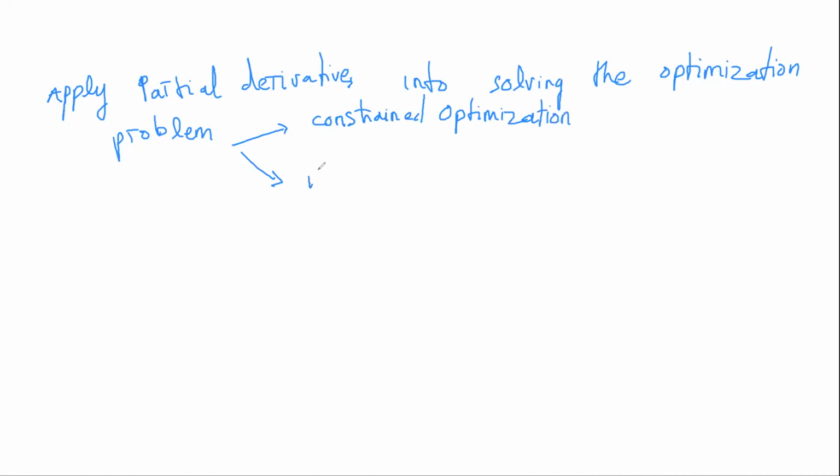And then unconstrained optimization. Okay, unconstrained optimization.